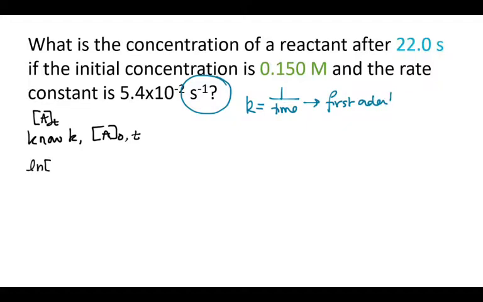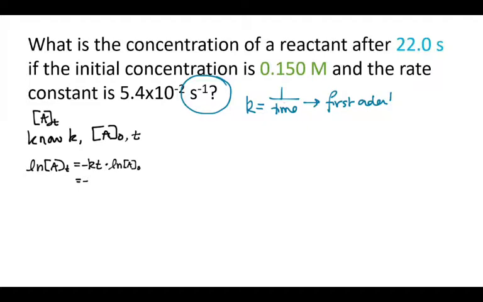So that would be natural log of concentration at a particular time equals negative kt plus the natural log of the initial concentration. All right, so let's plug in what we know. We're trying to solve for the natural log of concentration at time, or for concentration at time.